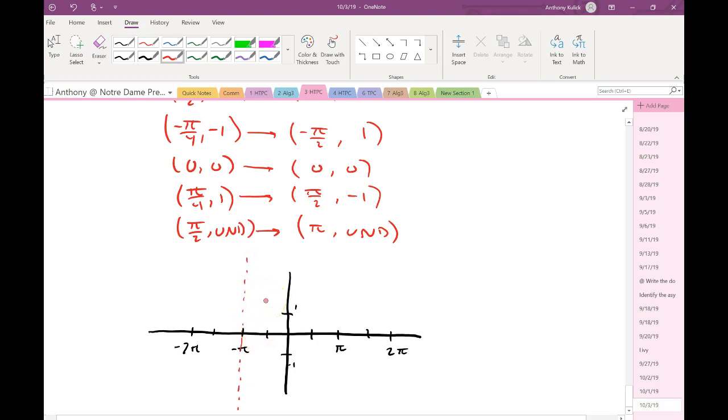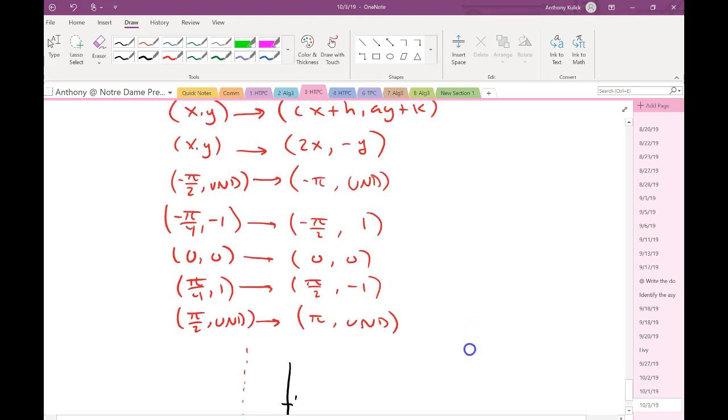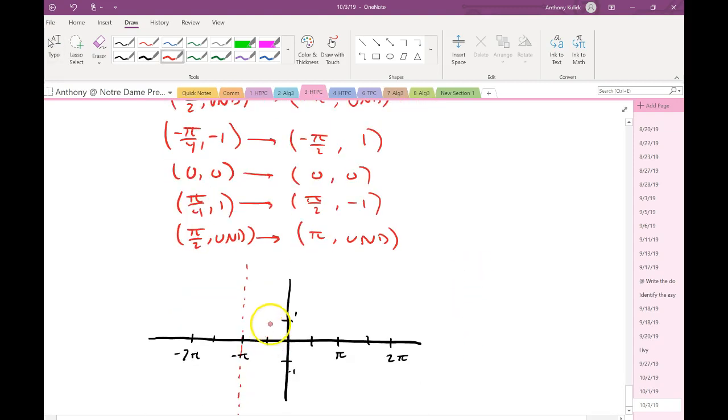At negative pi over 2, I'm at positive 1. Then I have 0, 0. And then I have positive pi over 2, negative 1. And then I have an asymptote. Everybody okay with that?